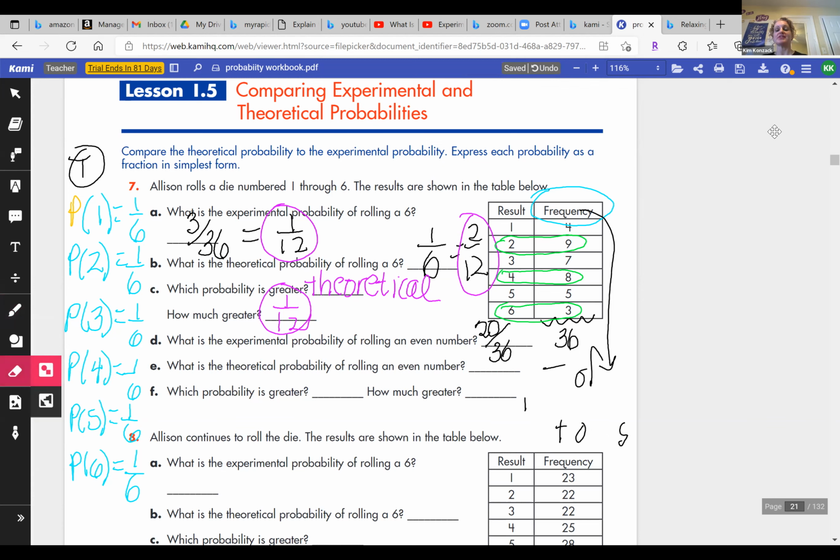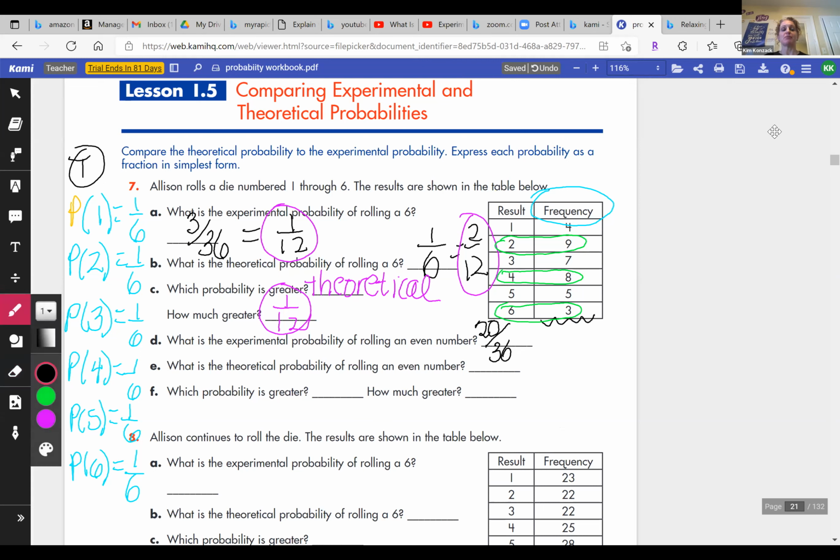Okay, and then again, if they want this in lowest terms, you use something called the greatest common factor, which is the biggest number that goes into 20 and 36. If you don't know it, just say to yourself, they're both even, so let me first divide by 2.